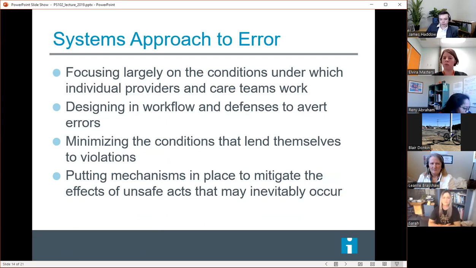Okay, so the approach to making things safer is very much a systems approach. That's what the vogue has been for at least the last 20 years.